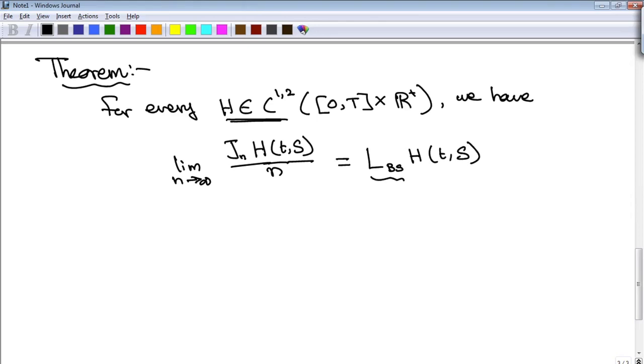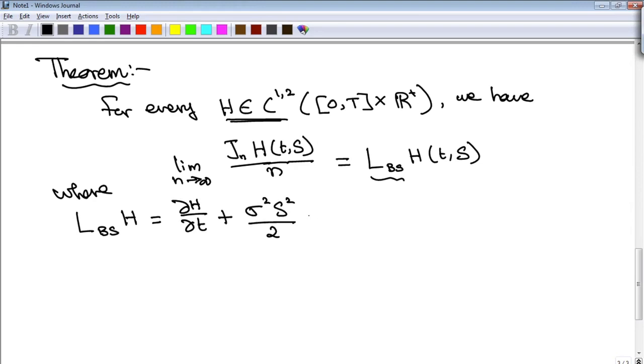It is called the Black-Scholes operator, where LBS is an operator which is operating on a function h, and gives you ∂h/∂t plus σ²s²/2 ∂²h/∂s² plus r s ∂h/∂s minus r h.